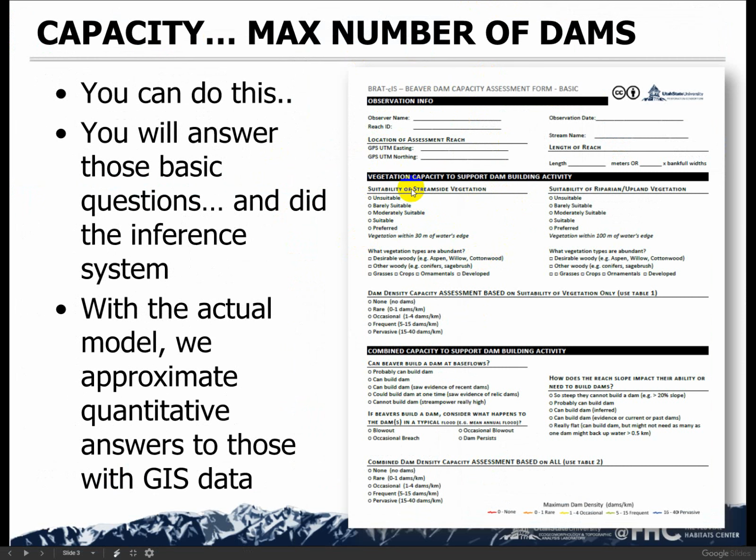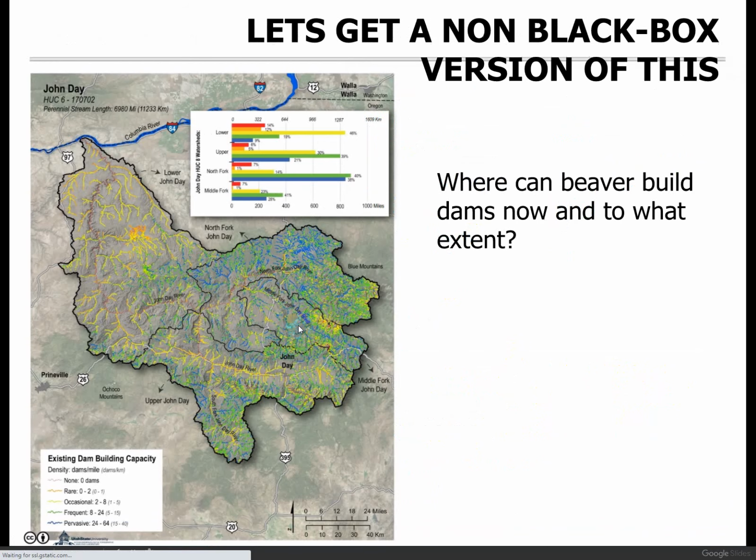And you answer a question about the suitability of streamside vegetation, the suitability of riparian and upland vegetation. Then you answer some questions about, can they even build a dam at base flow? Does it typically hold up? And a little bit of questions about the extremes of really low slopes or really steep slopes.